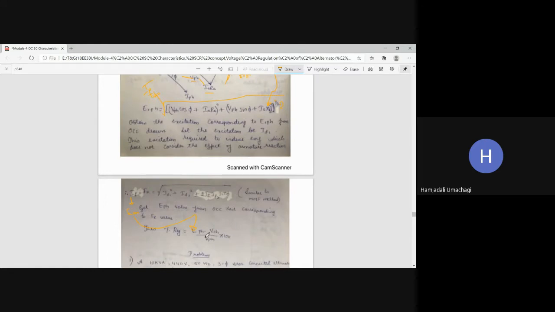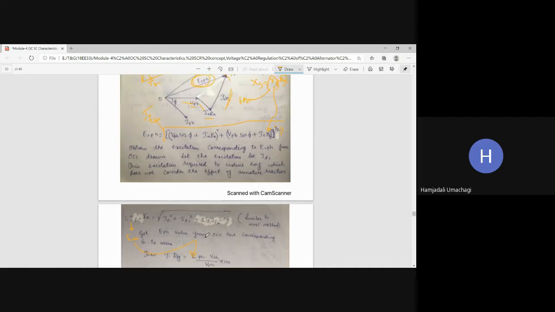So here you can see that you are going to make use of both the formulas of the EMF method as well as the MMF method. So this is the EMF method formula and this is the MMF method formula. Here we are separating the loss causing components I RA and I XL as EMF quantities, using this formula, and the loss causing component because of I into XAR as an MMF quantity, using this formula.